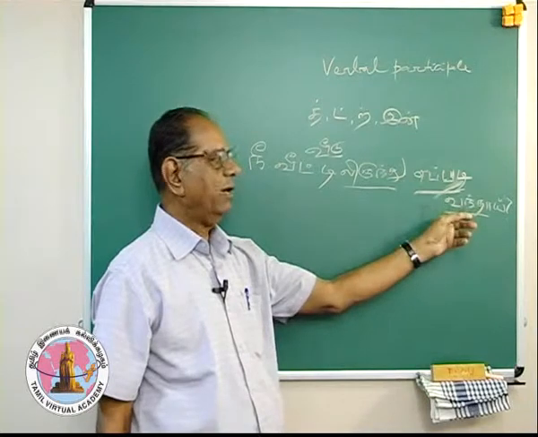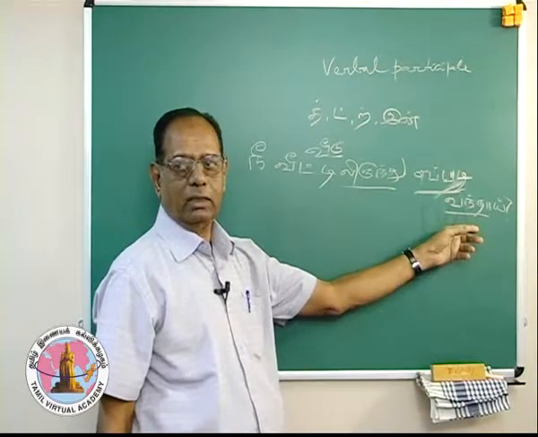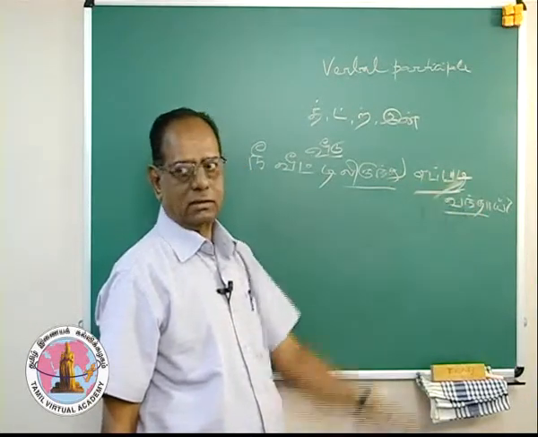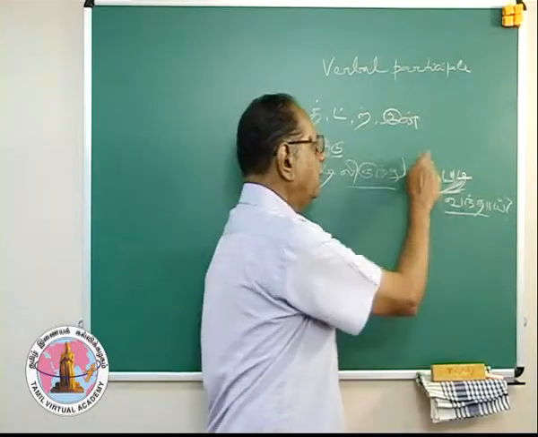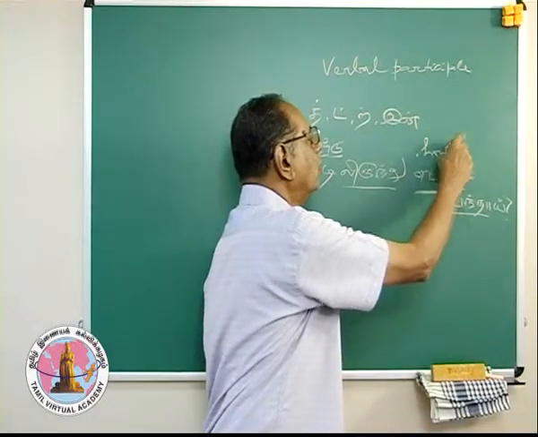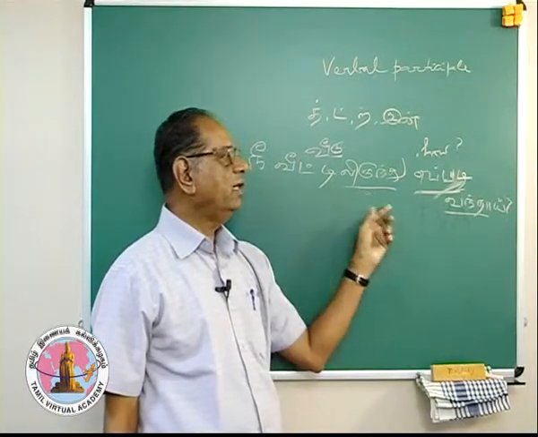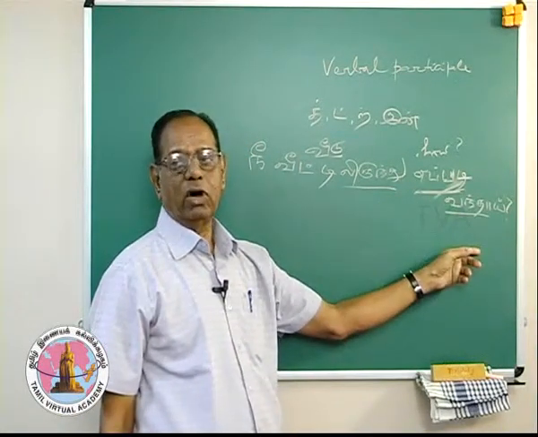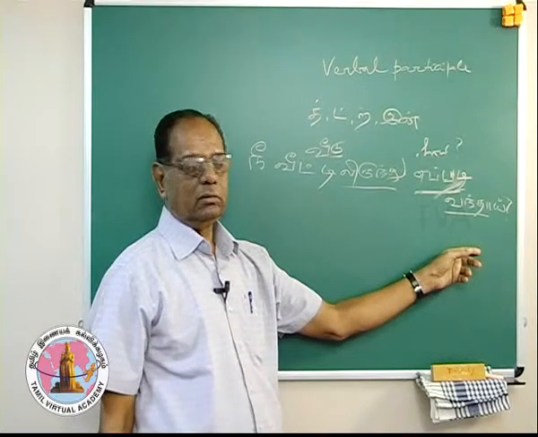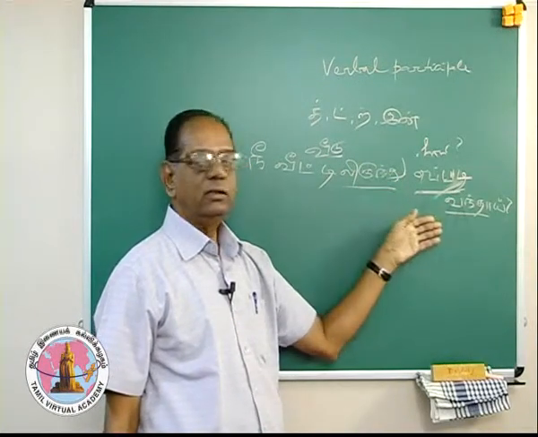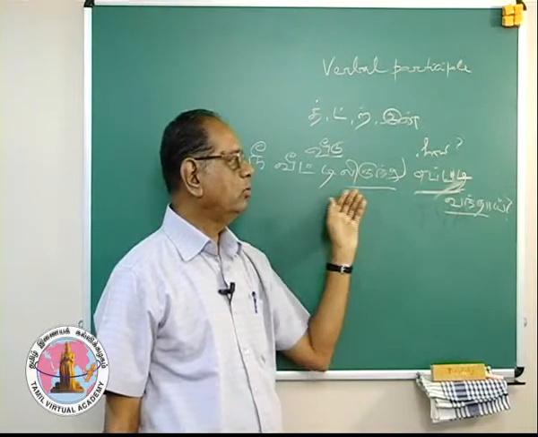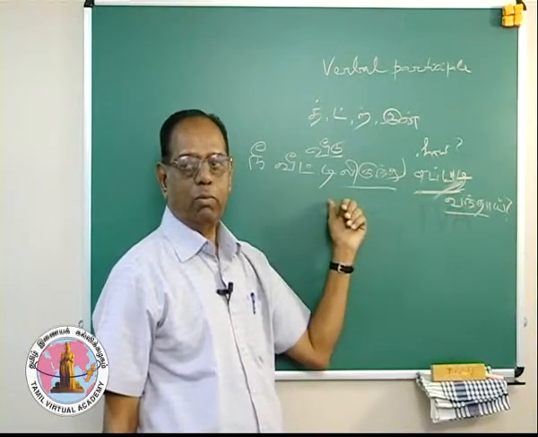This is second person singular in the past tense. Yappadi is how. நீ வீட்டிலிருந்து எப்படி வந்தாய்? So if I translate it into English, it will be, how did you come from home?